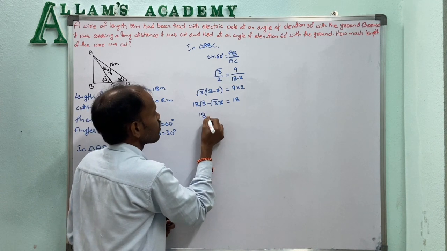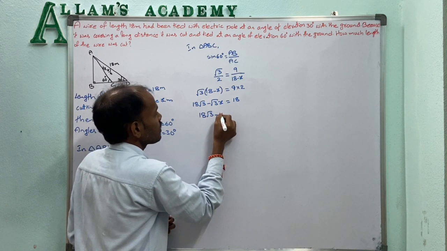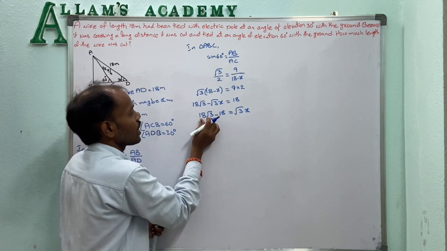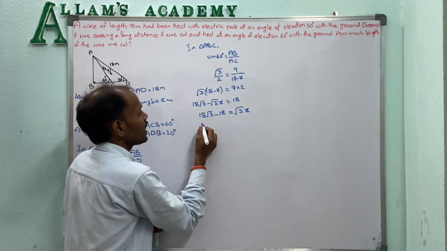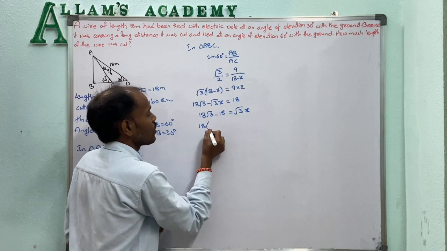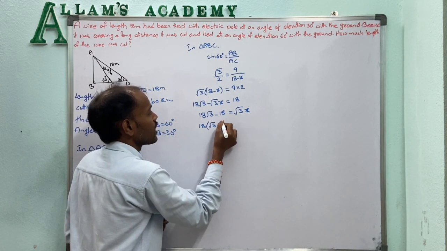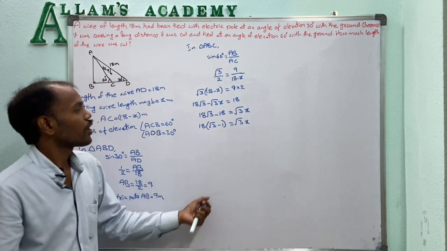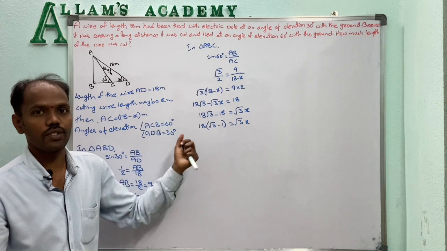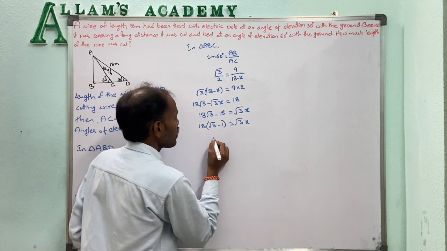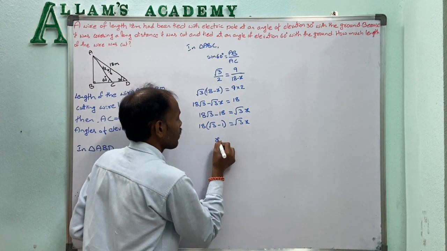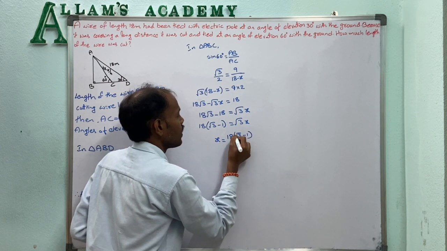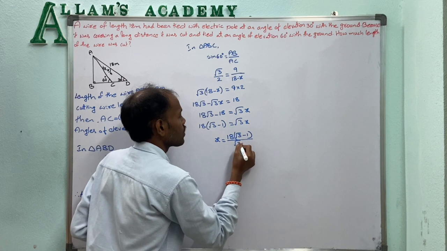So 18 root 3 minus 18 equal to root 3x. Now in this we can take 18 as common. So 18 into root 3 minus 1 equal to root 3x. Now the multiplication by root 3 transfers to this side as division. So x equal to 18 into root 3 minus 1 by root 3.